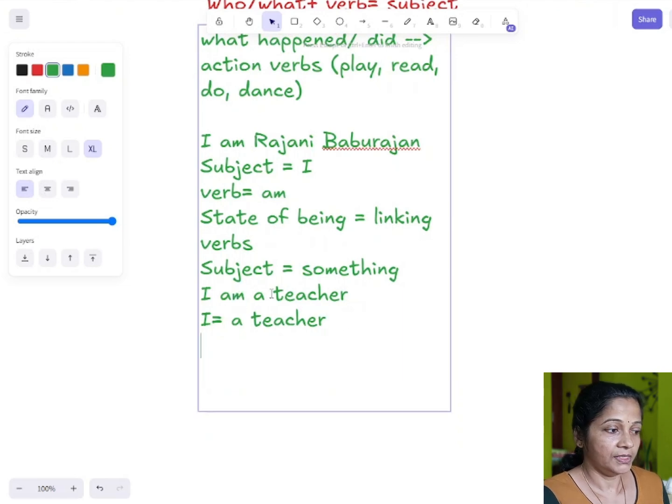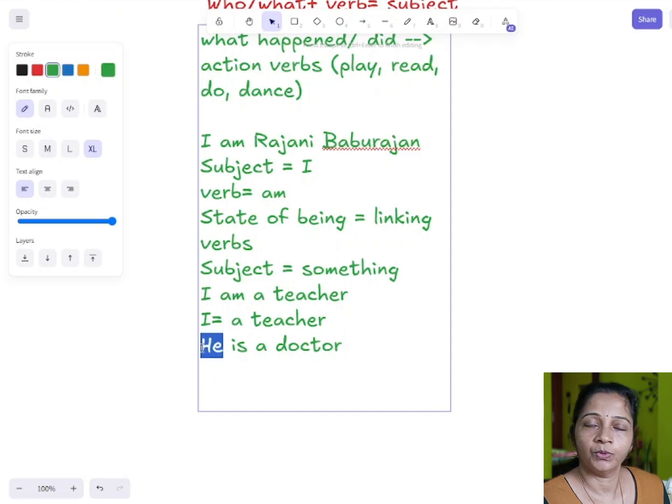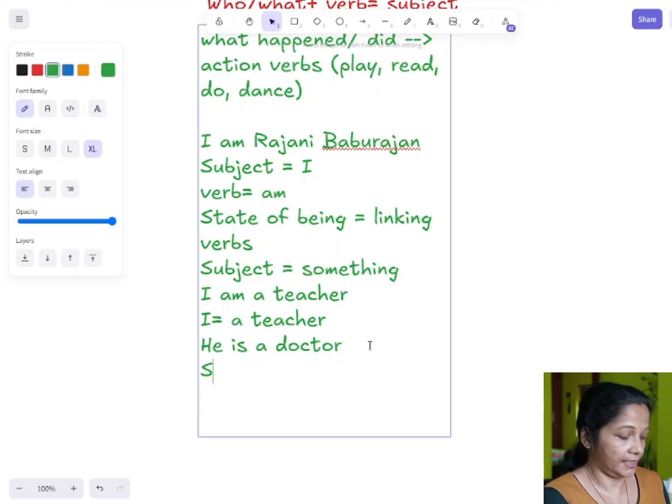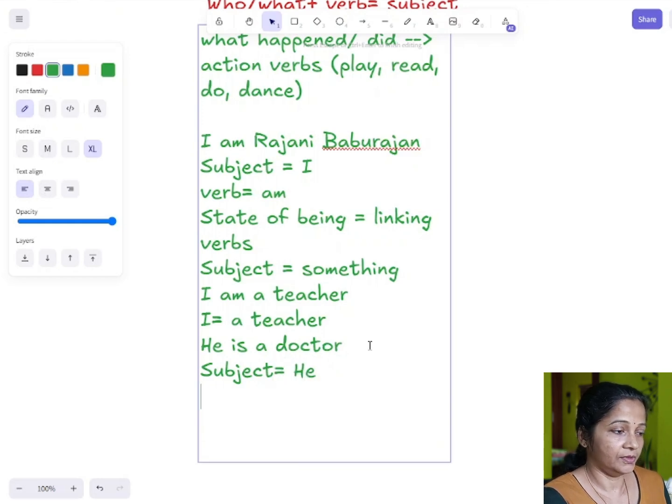Now what is he? He is a doctor. So what is the subject here? Who is the subject? He. Okay. Let's split the sentence and identify each subject and verb. Subject is he, and what is the verb here? Verb is is.